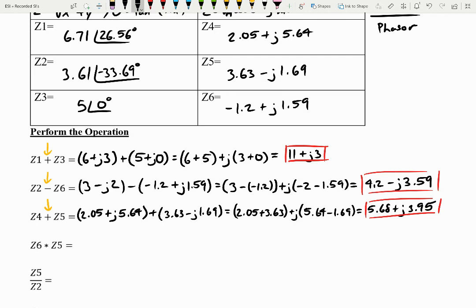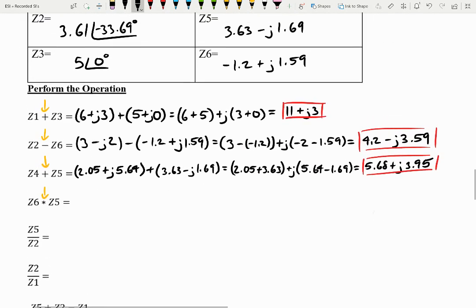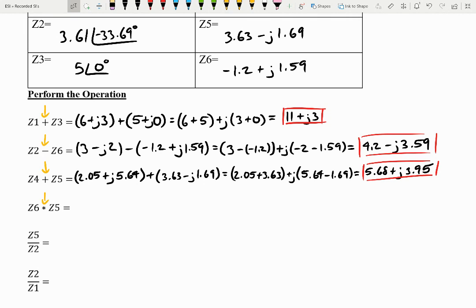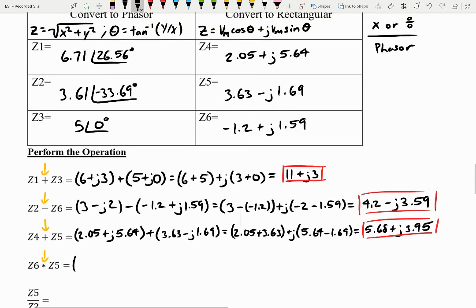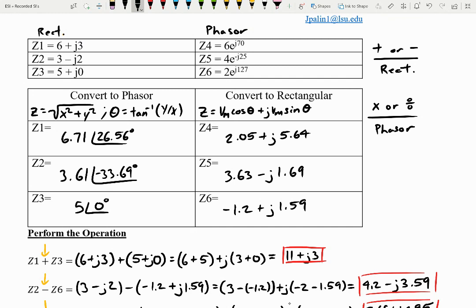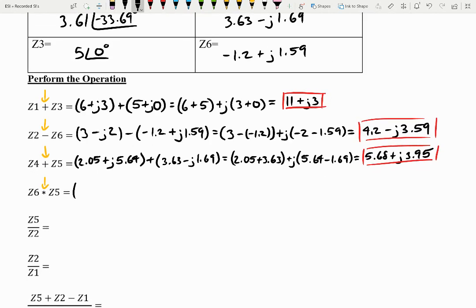Now let's look at a different one. We have a multiplication now, so let's use our phasor like we had set up here. So phasor, we're going to multiply z6 and z5. So what we're going to do is multiply these two magnitudes together, so 4 times 2.